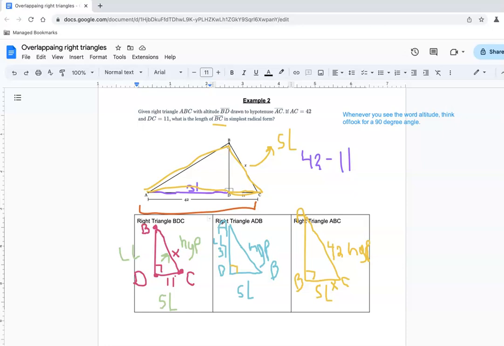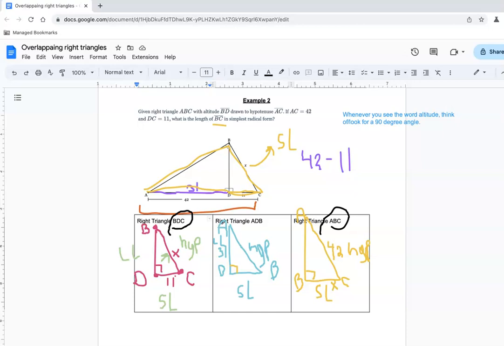It may be a multi-step question, but most of the time you're going to choose two triangles. So we're going to choose triangle BDC because it has BC in it, and ABC because it has BC in it. So we know the hypotenuse and the short leg for both of them.